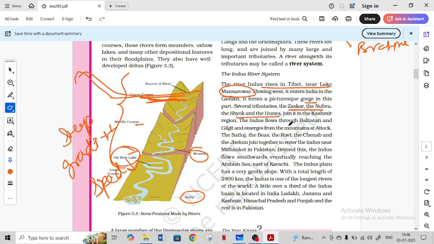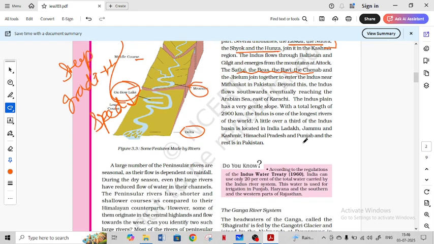It flows through Baltistan and Gilgit and emerges from the mountains at Attock. The Satluj, Beas, Ravi, Chenab and Jhelum join together to enter the Indus near Mithankot in Pakistan. You just have to remember these three to four tributaries. You can also take a note of the states through which the Indus passes: Jammu and Kashmir, Himachal, Ladakh, and Punjab.